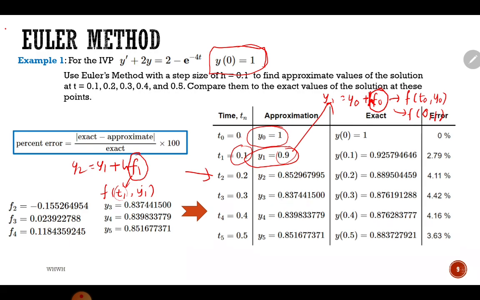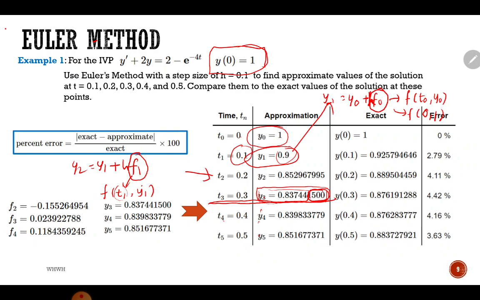Jawapan yang saya dapat tadi yang ni, kita kira sampai sini. Kalau you tengok jawapan yang saya dapat dengan jawapan yang dalam table ni pun is slightly different, but it is correct up to 5 decimal places. Yang belakang ni saya tak tahulah dia pakai calculator jenis apa. It's slightly different from mine, but it's okay. It's still within the margin. And then daripada Y3 ni you boleh proceed untuk cari Y4 dan seterusnya Y5.